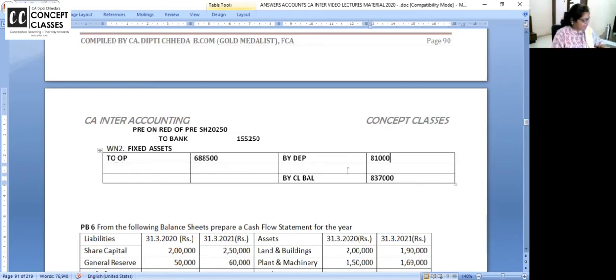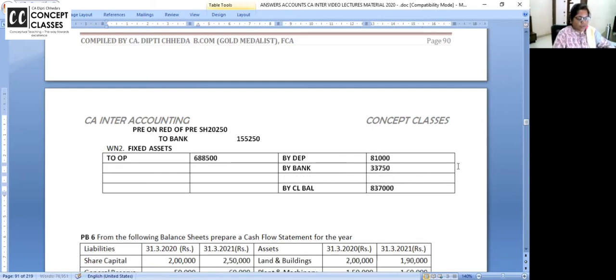81,000 depreciation. Now, fixed assets with a book value of 54,000 is sold for 33,750. 33,750 by bank. Why do I call it by bank? Some fixed asset is sold. And then there only I write down by P&L.